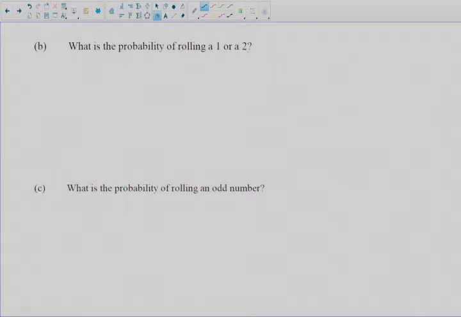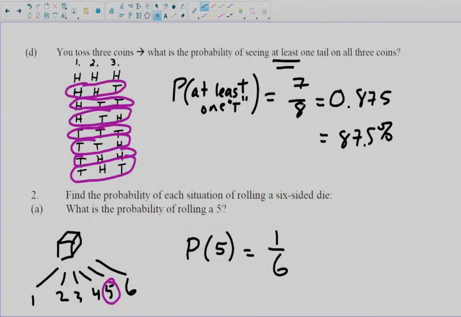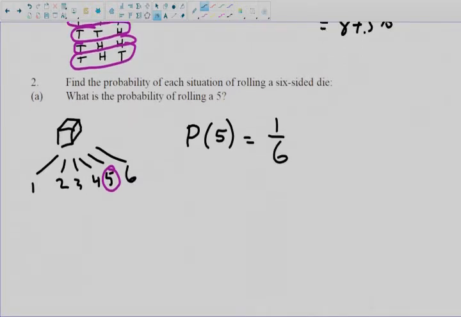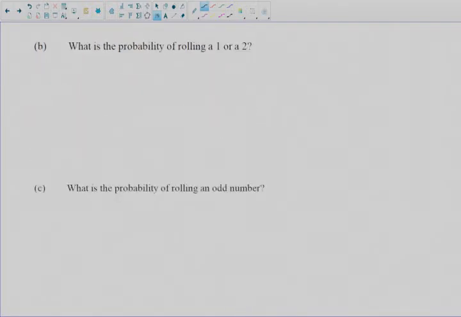Well, if we go back to our tree, that would be 2 successes, a 1 or a 2. I'm not going to circle it so I'm not interfering with this question, but we would actually circle the 1 and the 2, which means it's 2 out of 6 chances.